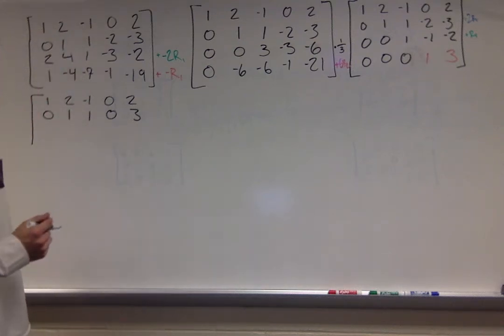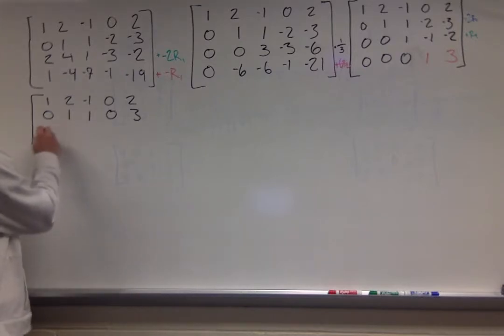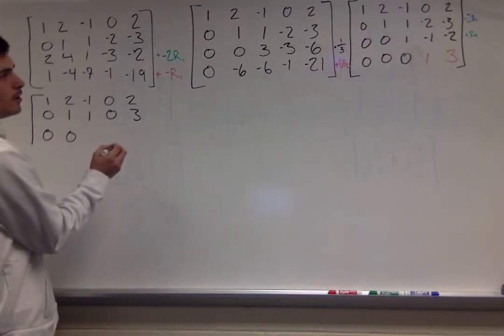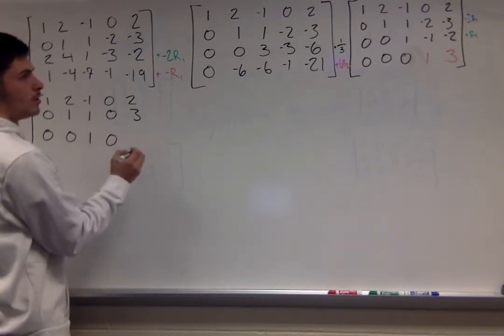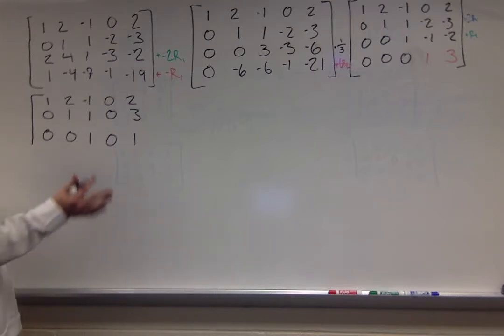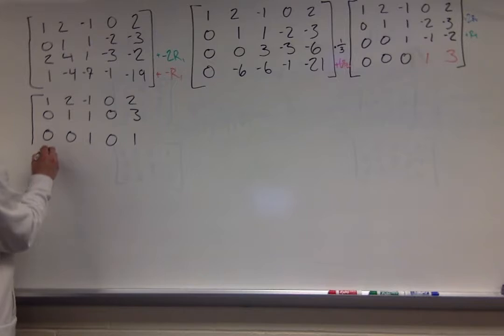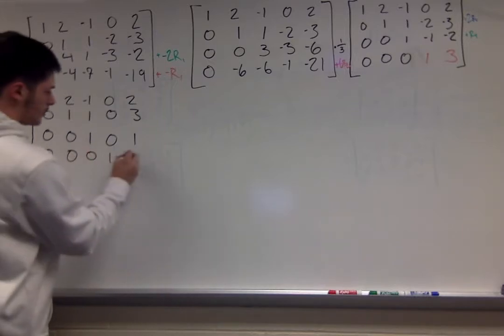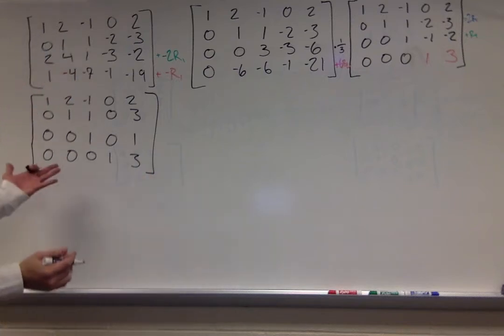Now row 3, after we've added row 4, is going to have 0, 0, 1, 0, 1. And then lastly, our last row is going to stay the same because we didn't do anything to it, so we've got 0, 0, 0, 1, 3.